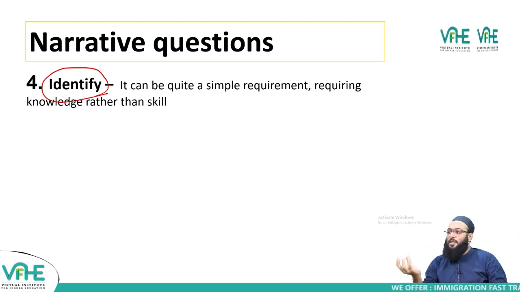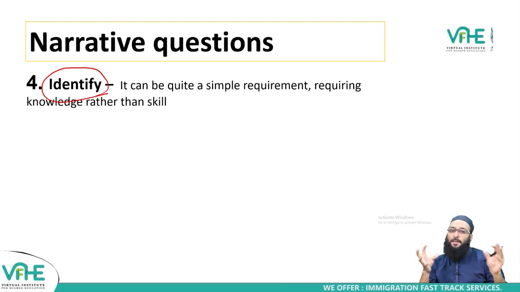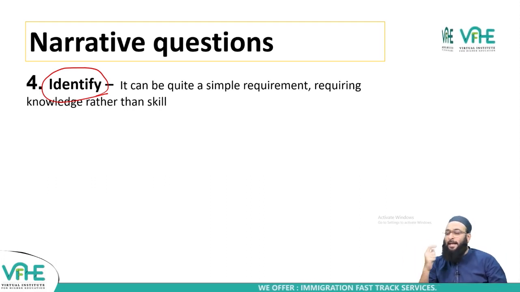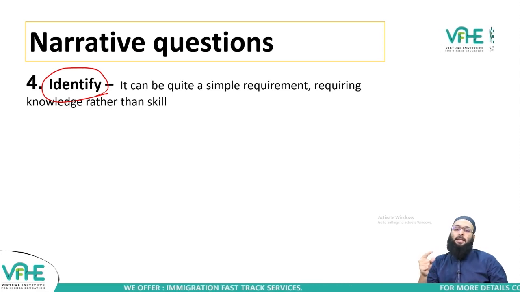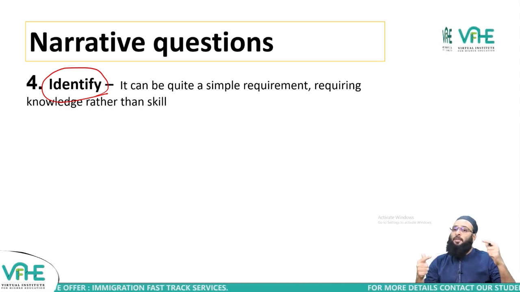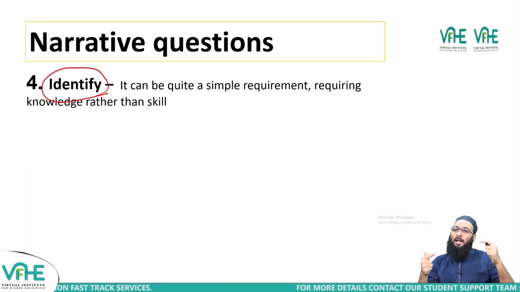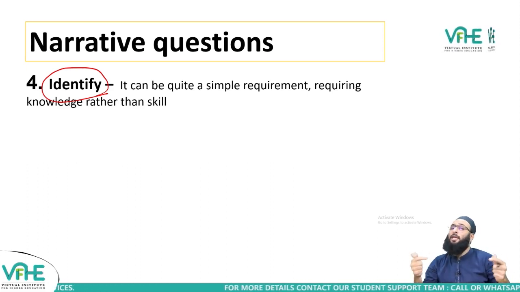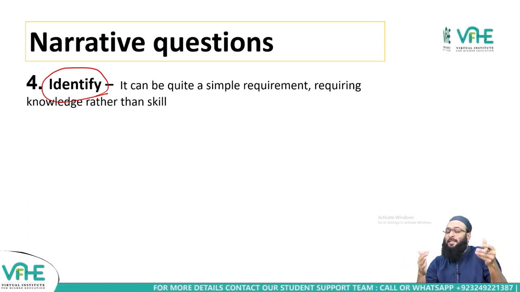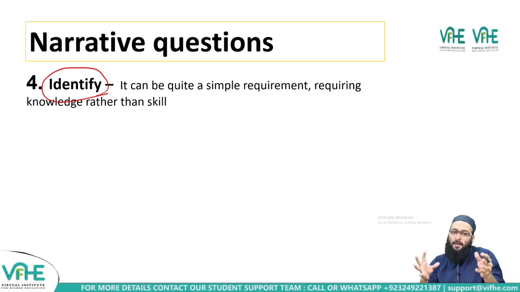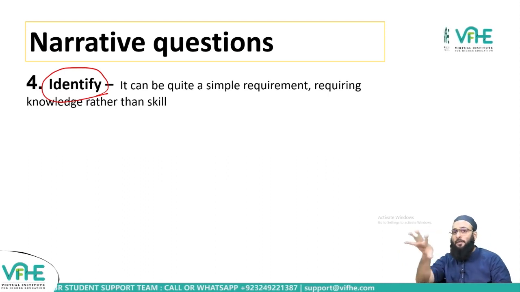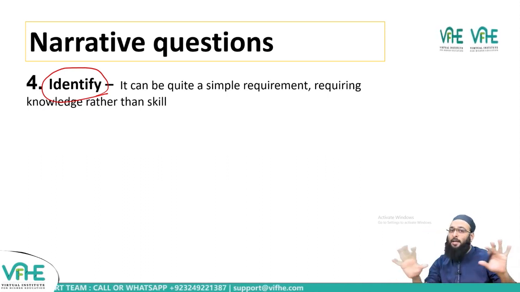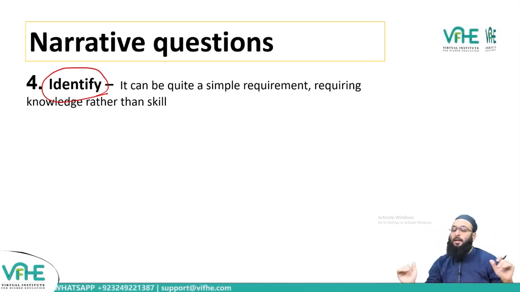Identify means just pick up a point and tell, okay, this is the thing. For example, identify the relationship between demand and price. So you would say the relationship between demand and price is an inverse relationship. That's it. Your identification is done.